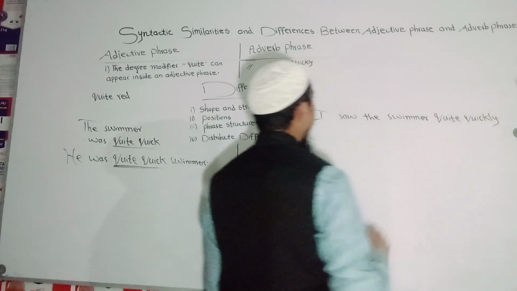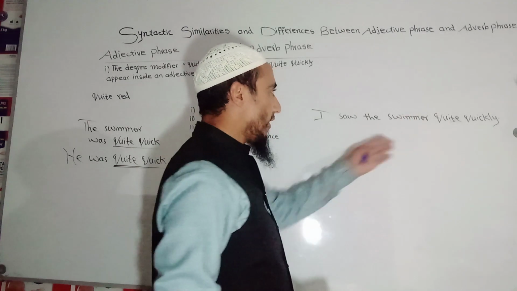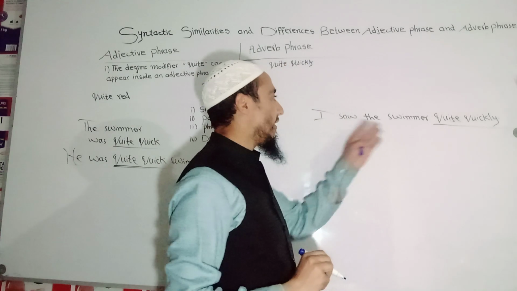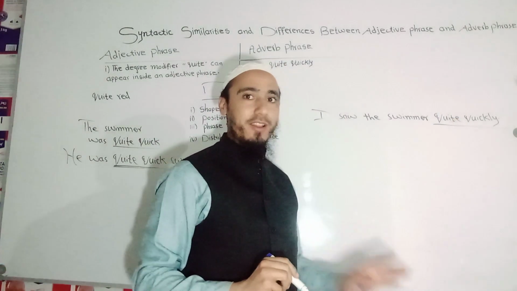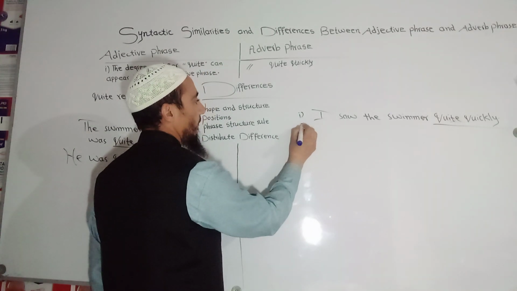See, I saw the swimmer quite quickly. So here is the position of the adverbial phrase. It's one position. What is the next position?